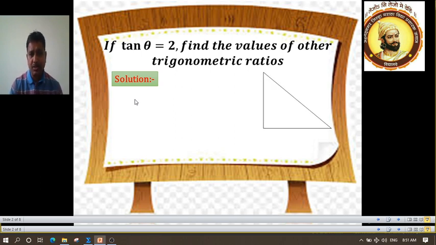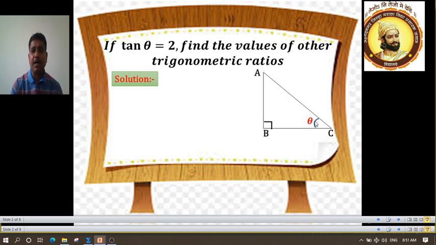So consider the right angle triangle ABC, angle B is a right angle, angle C is equal to theta, acute angle.